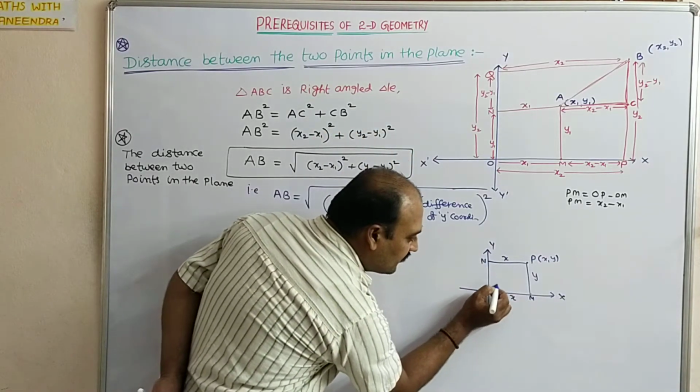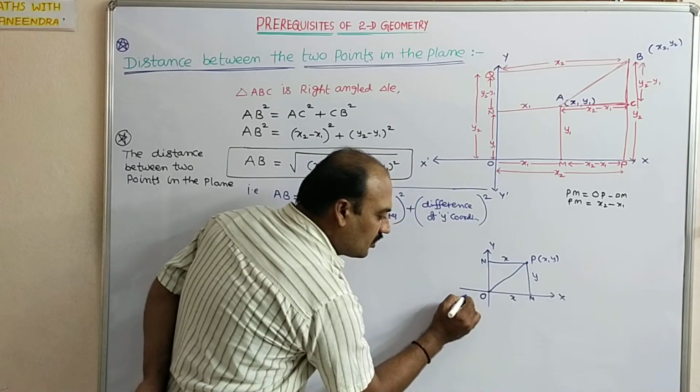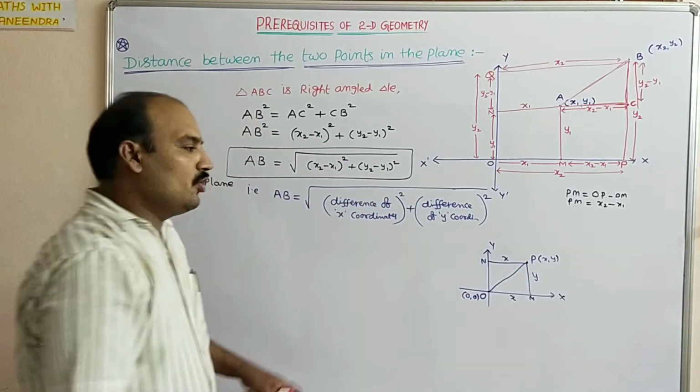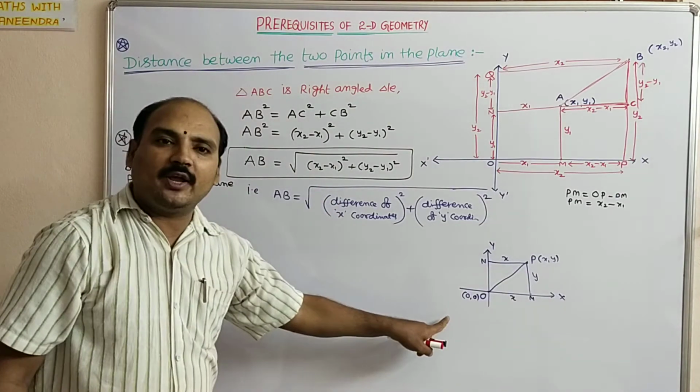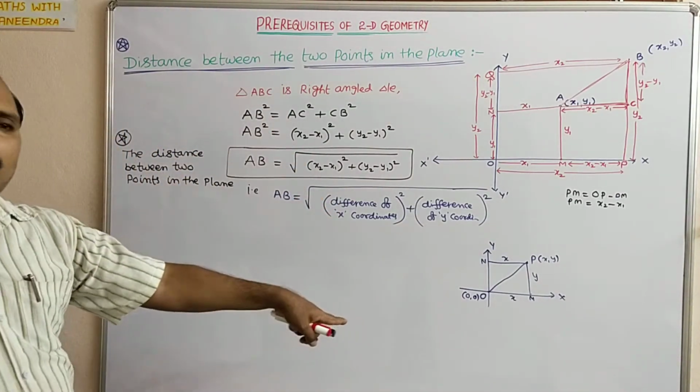I want the distance between these 2 points, the origin and P. If you want, you can apply this formula. Otherwise, the Pythagoras theorem also you can apply.